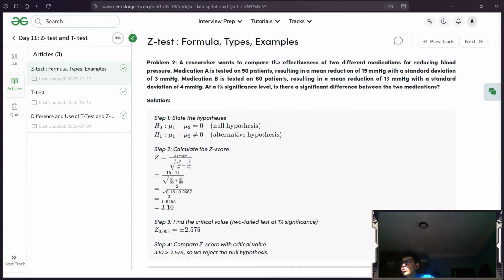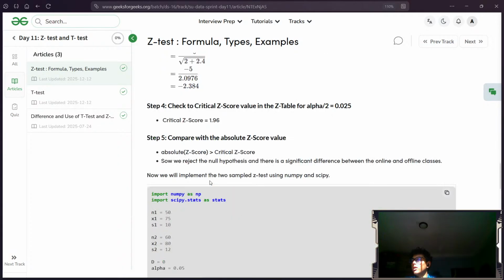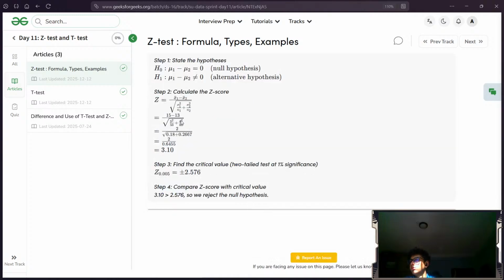Okay. So we have to test at significance 0.01, and the difference in the two medications is given like this. Calculate the z score: mean 1 minus mean 2, and there's no minus for the other because of this. The answer is 3.10.